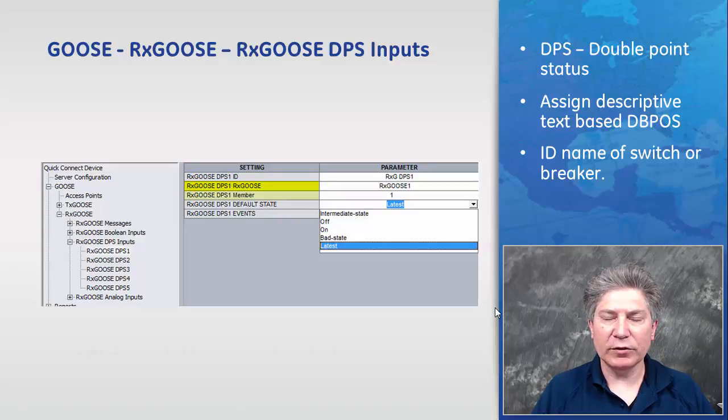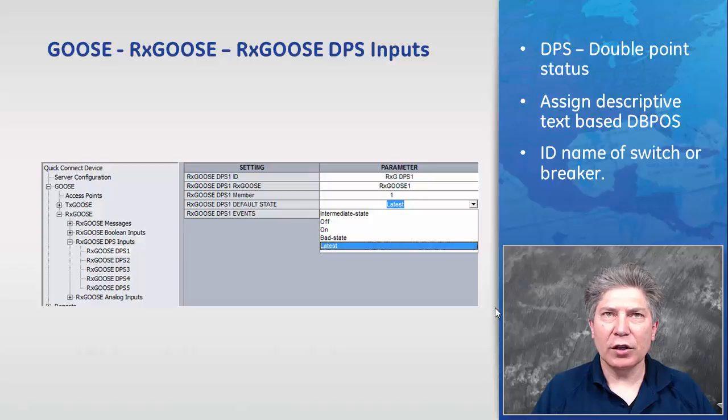The member, of course, the selection of one of the 64 members from each one of the Gooses. The default state, we have some choices here. So because it's a double point status, we're looking at 4 different states. So the default state gives a selection of intermediate state, off, on, bad state, and the latest.